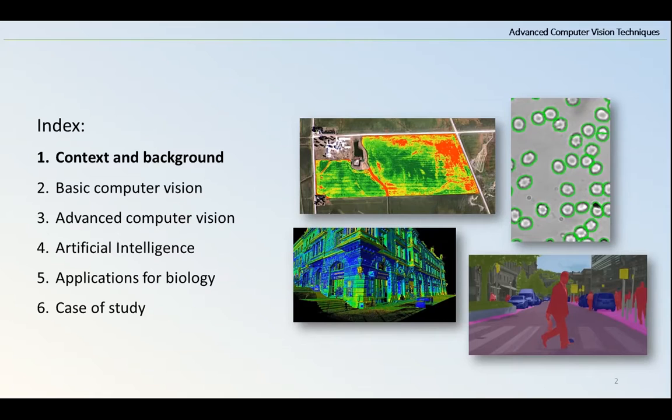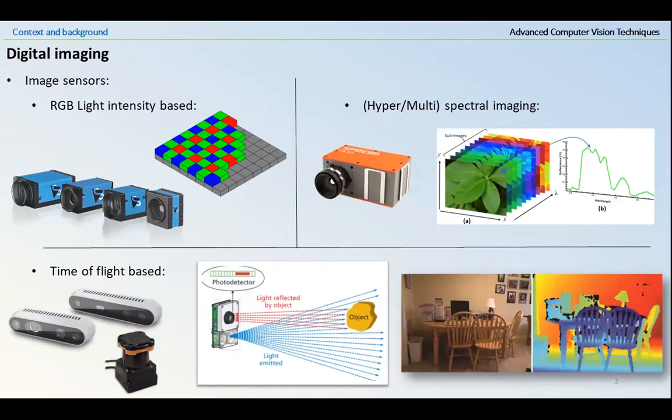for the context and background. Okay, digital imaging. This concept is probably familiar to you, but I would say that most of you don't know what's behind it. I'm going to start describing different image sensors for digital imaging you may have already used. First, the most commonly used one, the RGB light intensity based sensors.